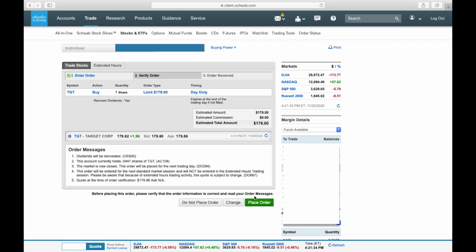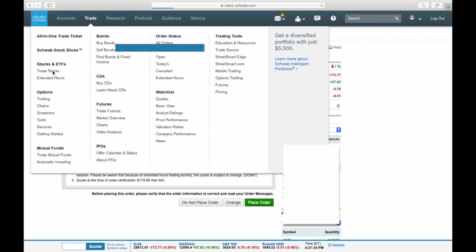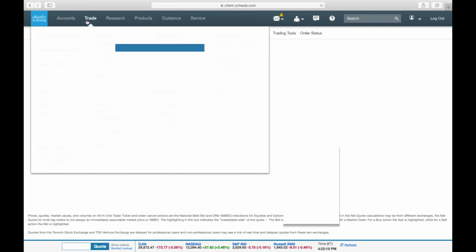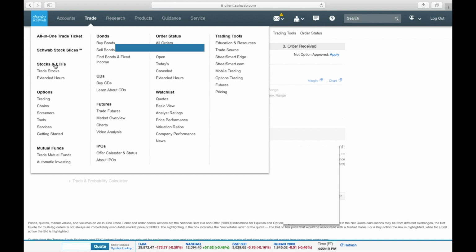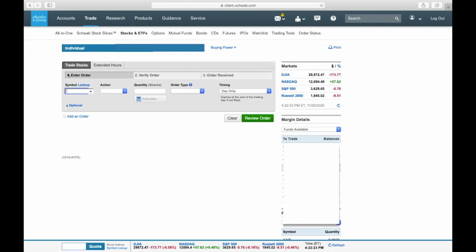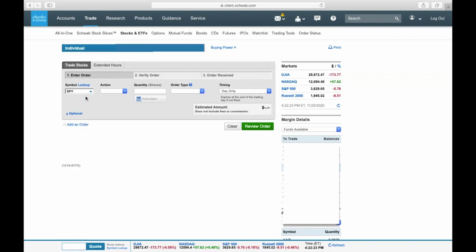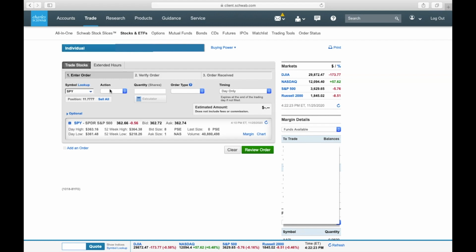Hope that was simple. Now let's move into another one. Let's say I wanted to buy an ETF. Let's say I want to buy the ETF SPY. That's the S&P 500.